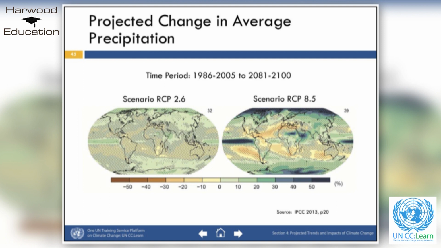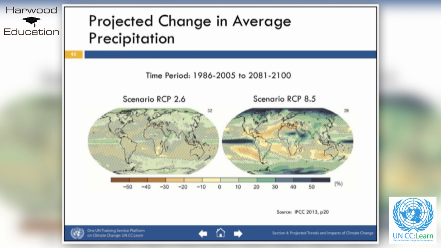The 2 maps illustrate projected changes in annual mean precipitation for the end of the 21st century under different scenarios. Under a low emission scenario, RCP 2.6 on the left map, changes in annual mean precipitation will not exceed 20% compared to 1986 to 2005 levels.